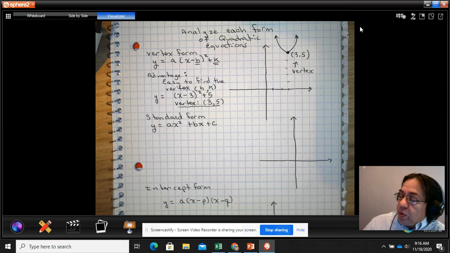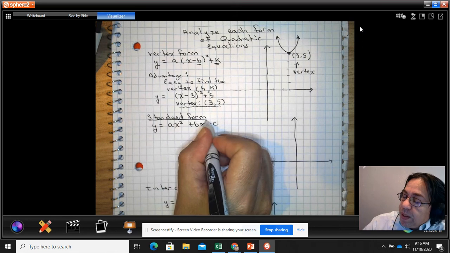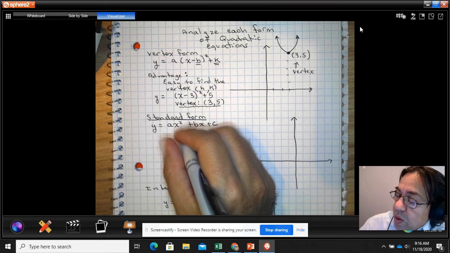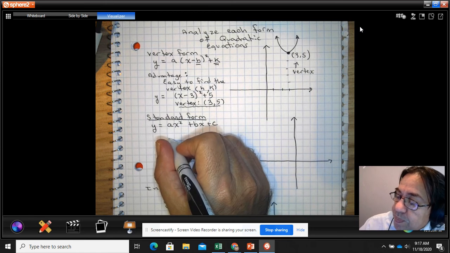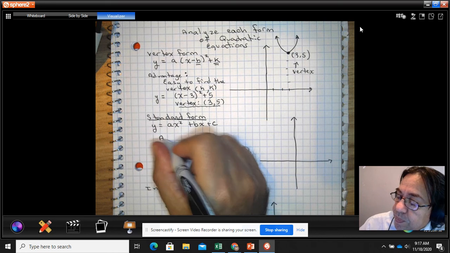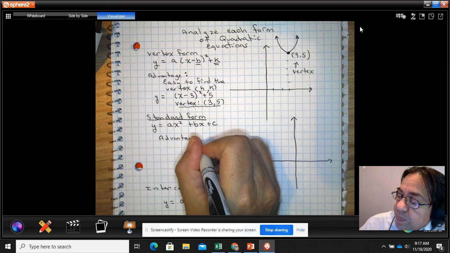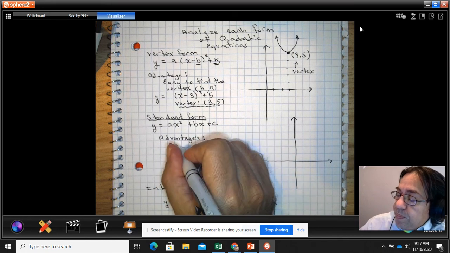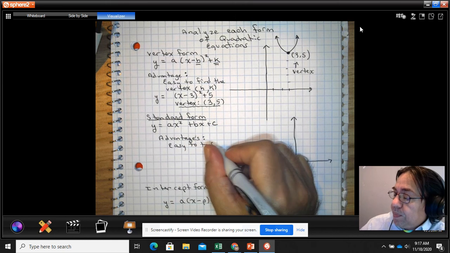For the next one, standard form, there's a couple of advantages. So for the first advantage, it's easy to find the y-intercept.